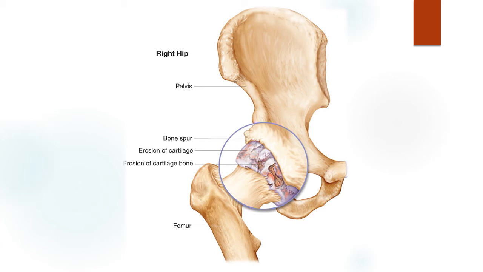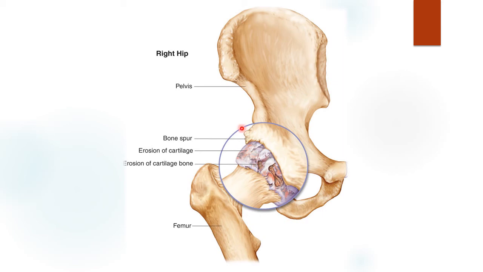We refer to those as subchondral cysts, subchondral erosion, sometimes referred to as subchondral geodes. Also, we see here the formation of osteophytes and bone spurs, and here it's shown on the superior aspect of the acetabulum, but you can expect osteophytes and bone spurs to form generally circumferentially around the margins of the articular surfaces.